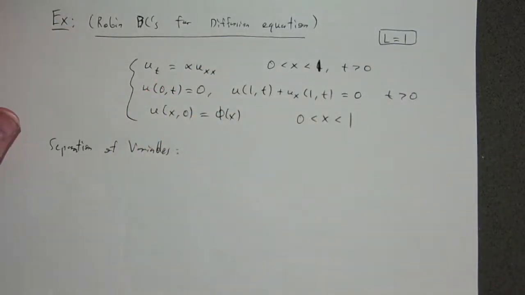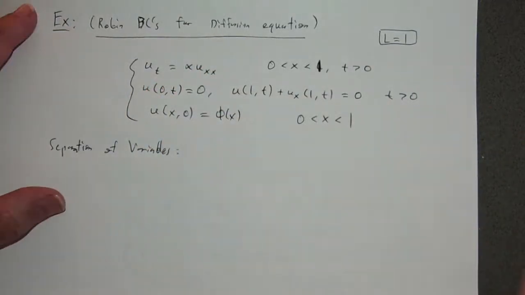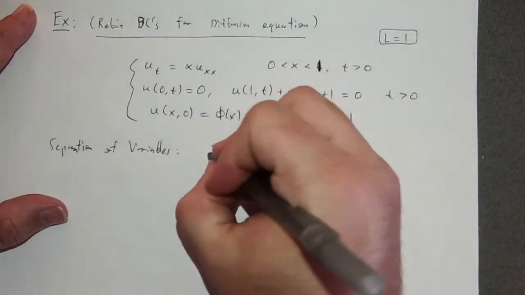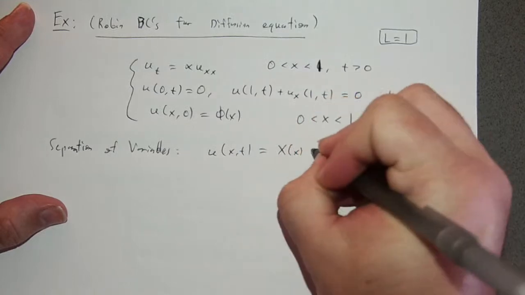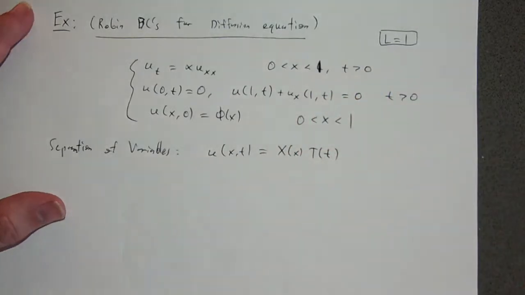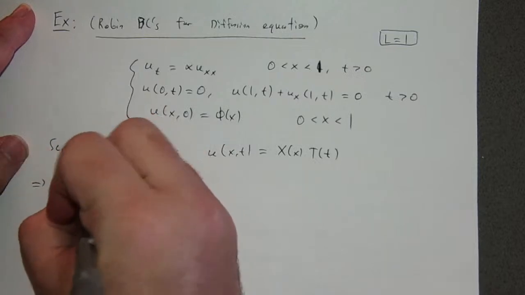So for separation of variables, what do I do? I seek a solution u of x, t that looks like X of x times T of t. I go through this whole process and I get eigenvalue problems.